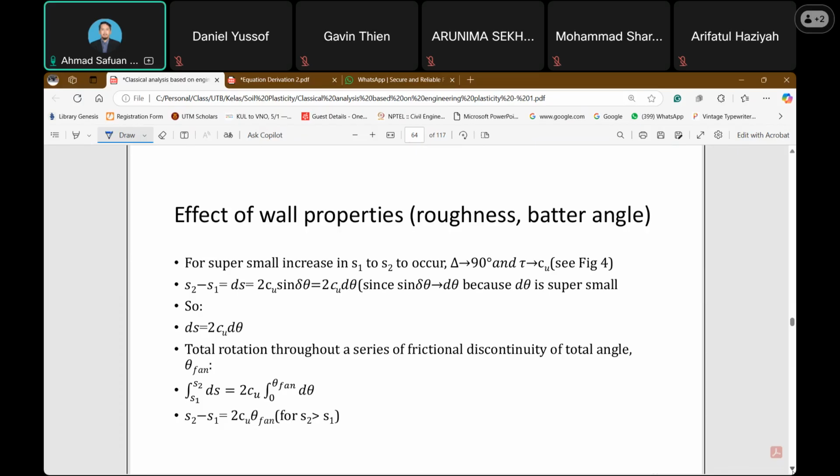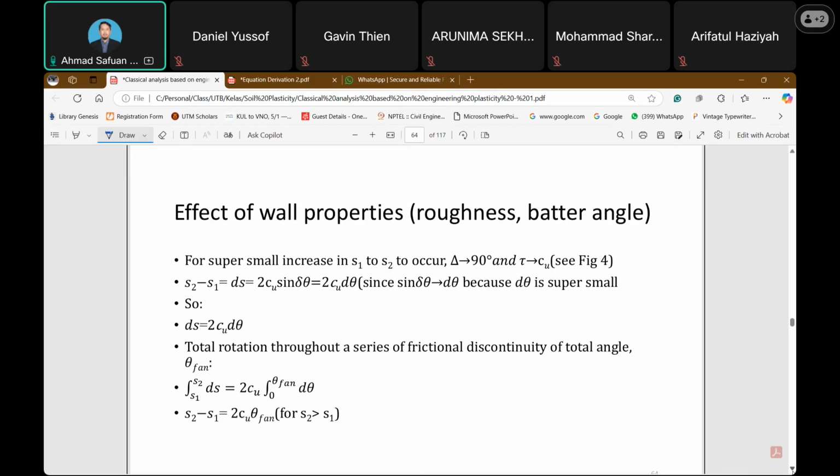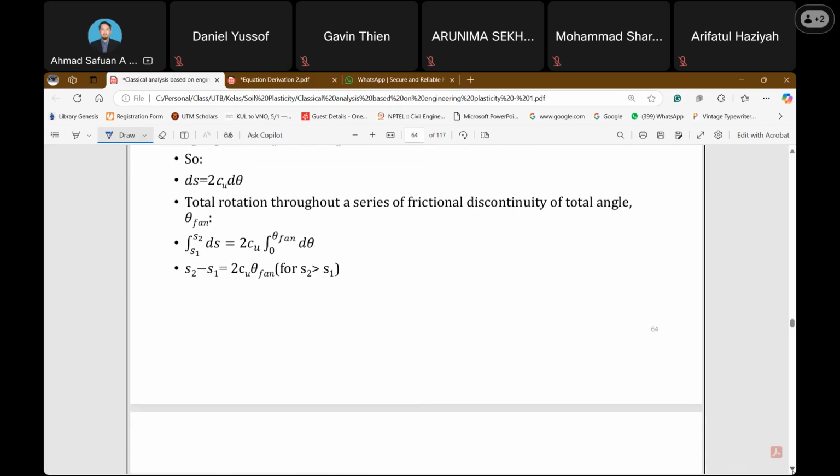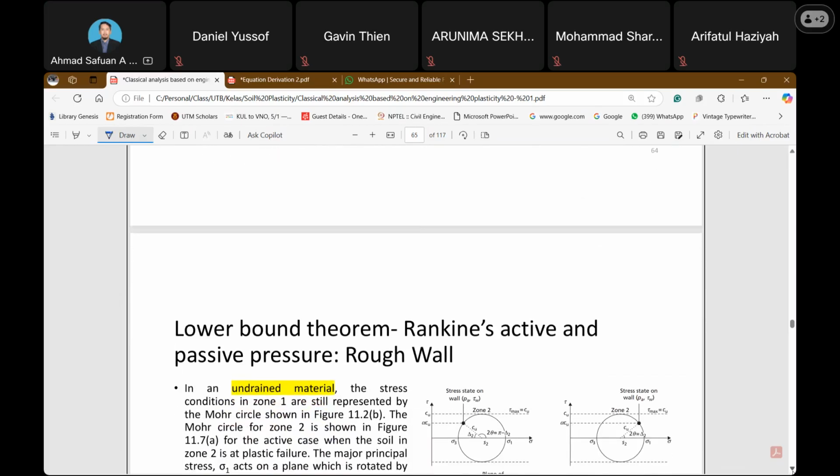Since d theta goes from 0 to theta fan, once we do the integration, it is equal to 2Cu theta fan.